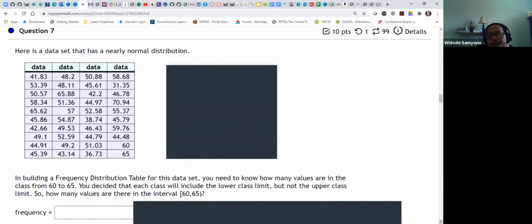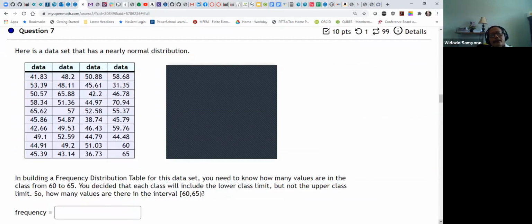So what about this one? You're looking for the frequency between the values 60 and 65, but it does not include 65 because you have parentheses on the right side, and a square bracket on the left side.